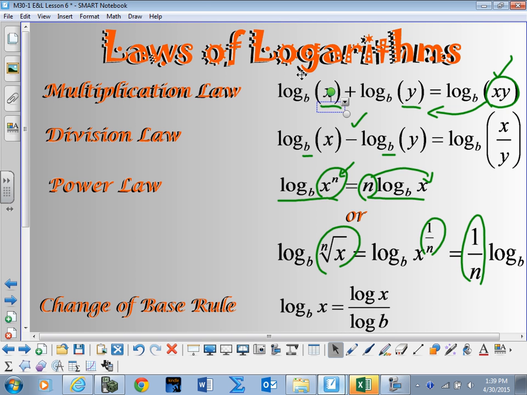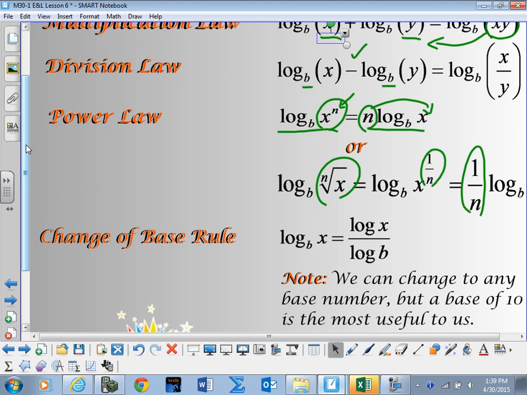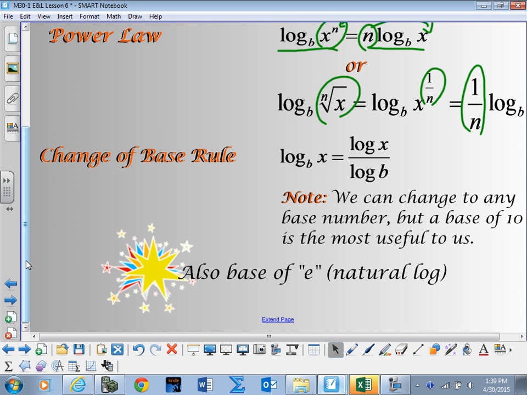So the last rule here is the change of base rule, which we've talked about a few times. I think most people are understanding now that the base is the denominator when we type it into our calculators. So we ignore the base for the numerator, log x, divided by log b. We can change any base to base 10.